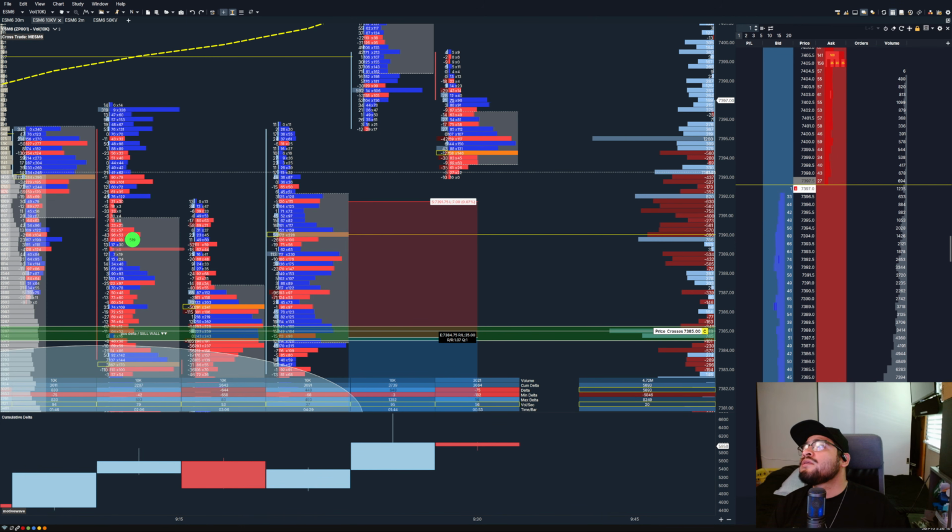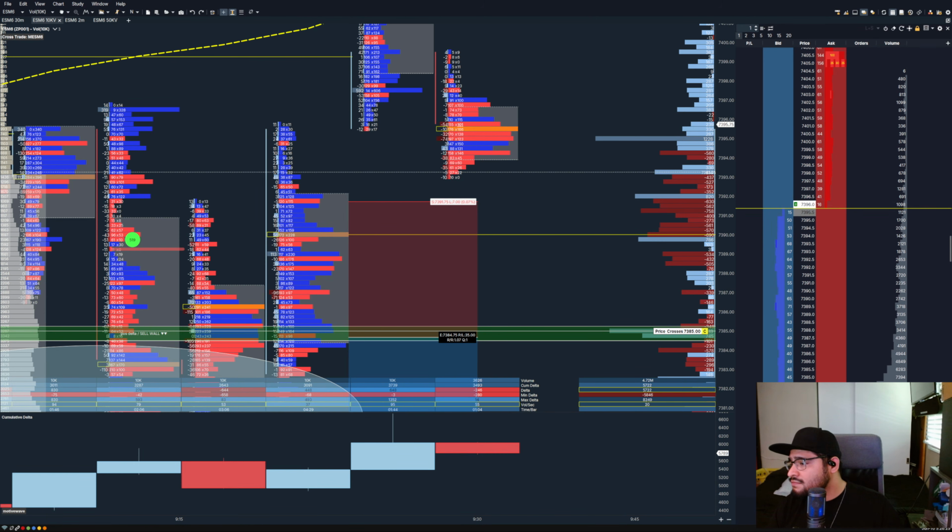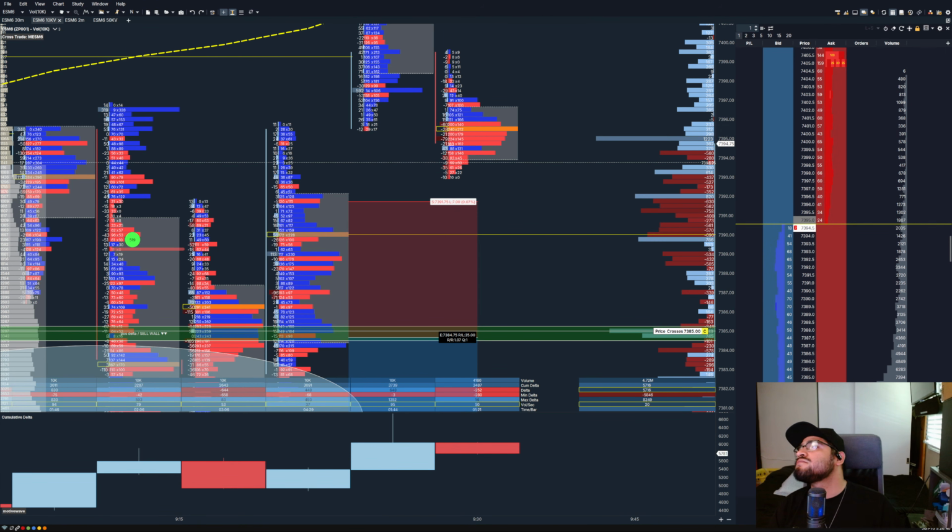We have a small node up here. It's not really an A plus setup, and I just see on the, which monitor am I showing? Yep.